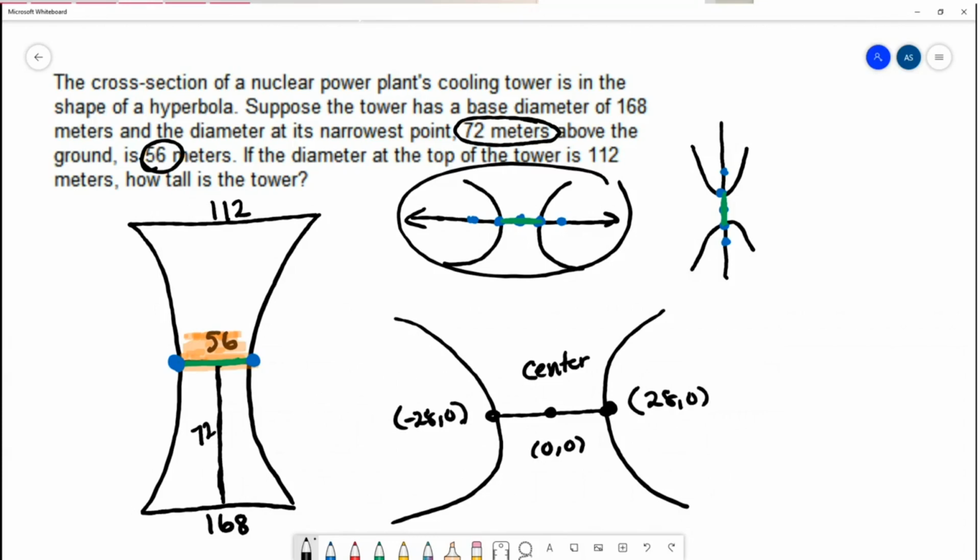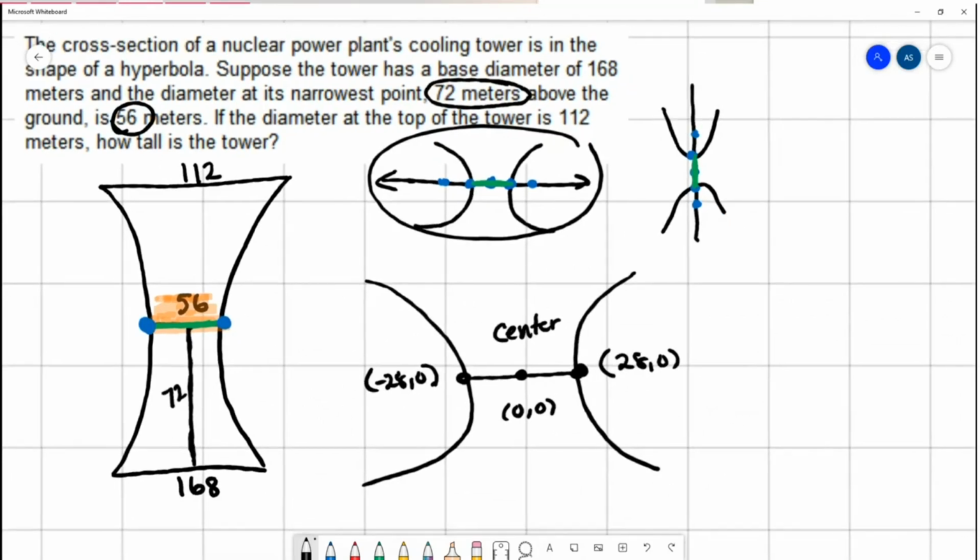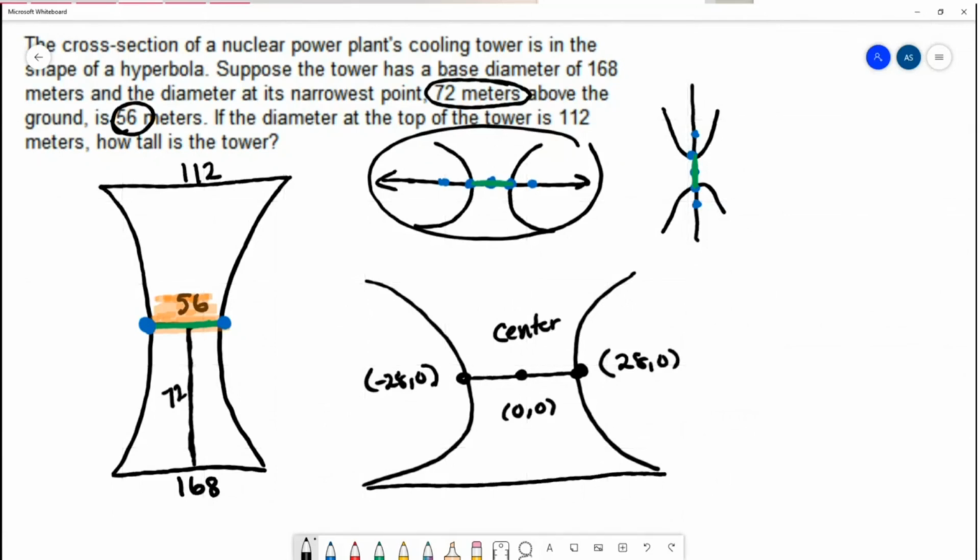Okay, so then if I'm writing some other ordered pairs here that are helpful, since the diameter at the base is 168, I know that half of that will be on each side. So half of 168 is 84.